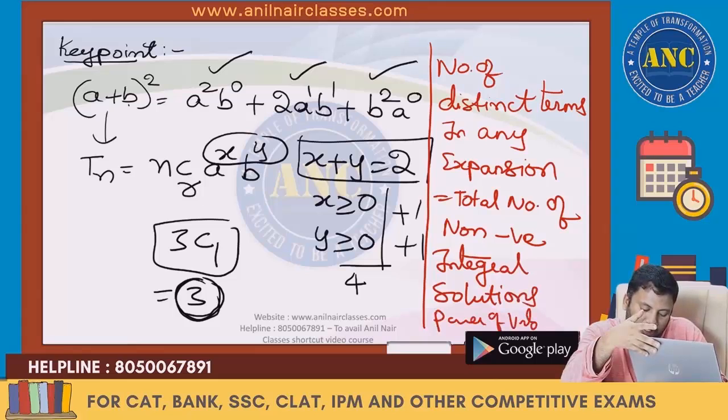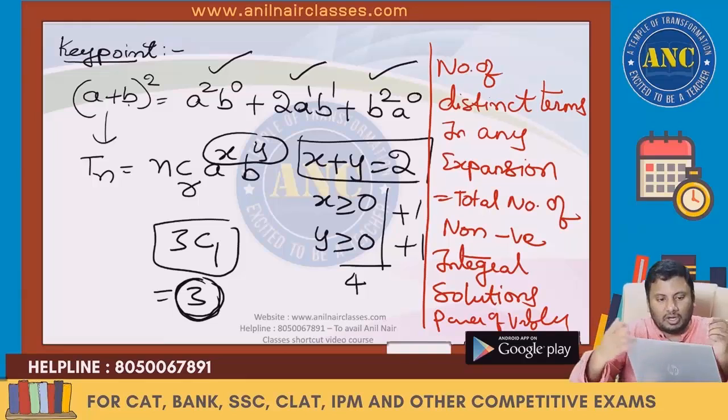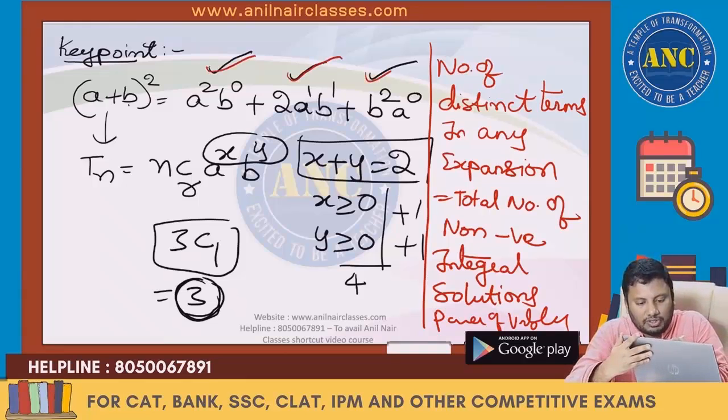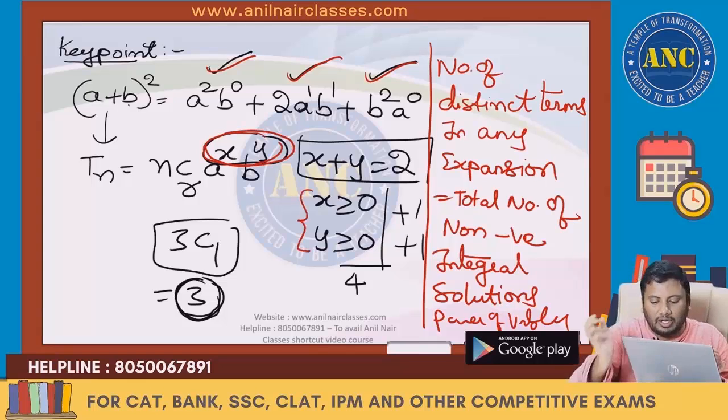Here there are total 3 distinct terms. Powers of the variables can also take 0, so it is non-negative. I hope it is clear.